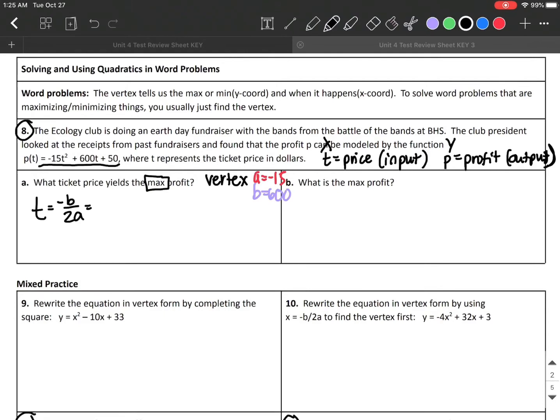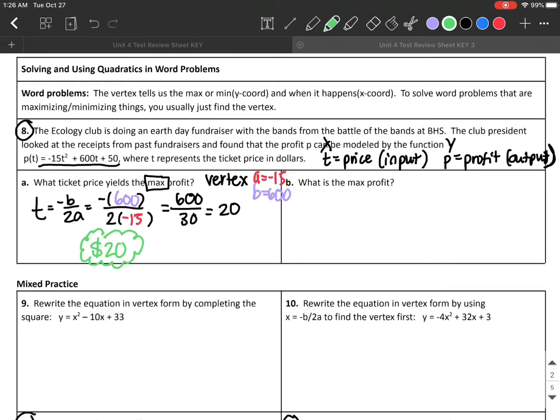So I have negative 600 over 2 times negative 15, which gives me 600 divided by 30, which is 20. So the ticket price that yields the max profit is $20.